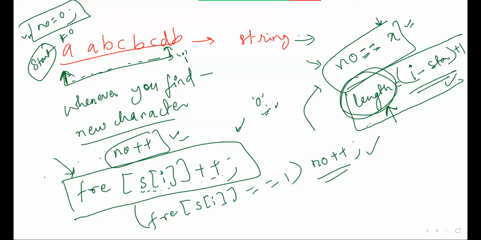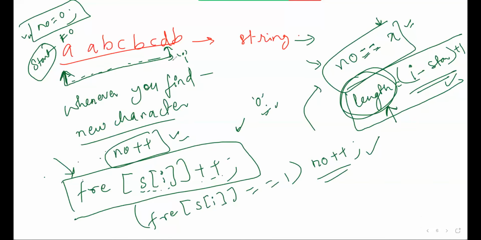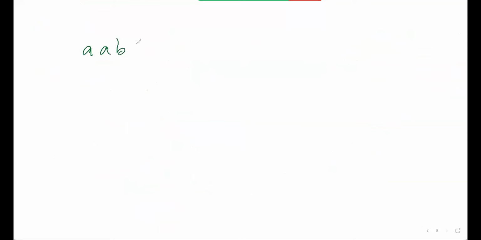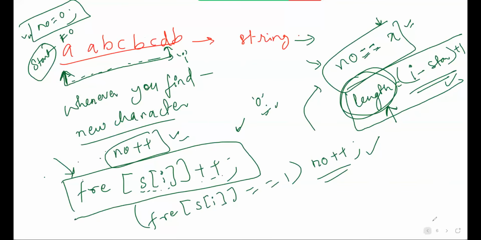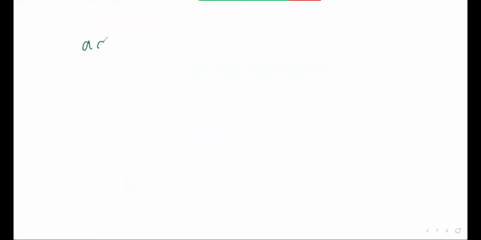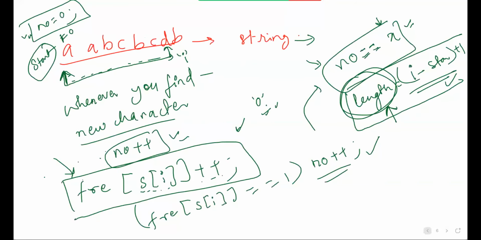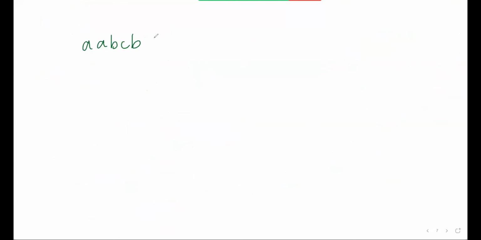After this, we also need to take care that we are looking for the minimum length of a string. Let me take the string to the next page. It is A, B, C, B, C, D, B. As of now, what we have seen, we need a start pointer which will point at the start of the current substring.